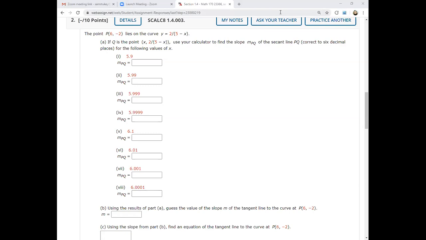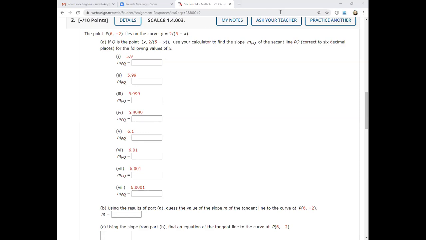And then I'm going to show you a trick to get your answers faster by using your calculator. So we know that the slope is y2 minus y1 over x2 minus x1.